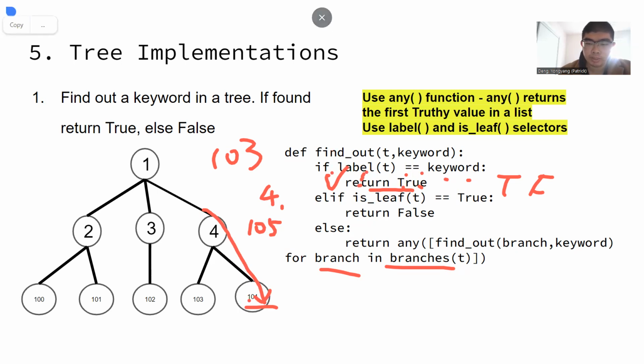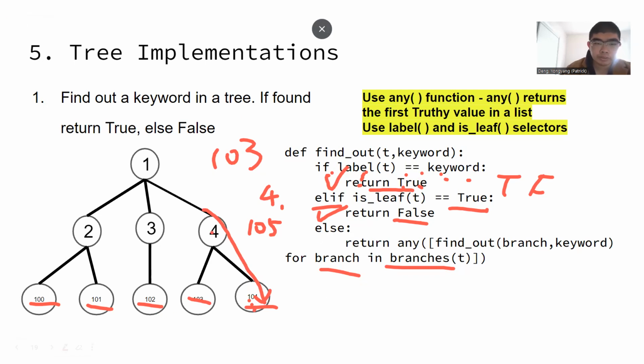Here label t is not keyword, so it does not return true. So I will jump to the next base case. It is a leaf, so I return false since I know it's not the keyword. It does not match the keyword, so I will just return false when I hit this leaf. And also for other results, I also got 5 falses. And for the last one, I also got false. So for the any function, I will return false.